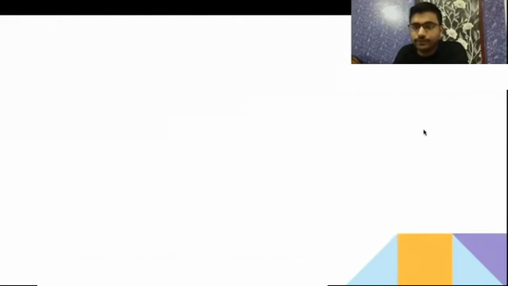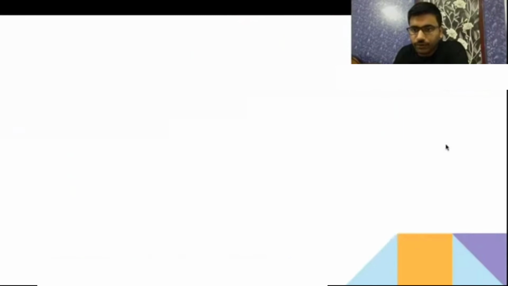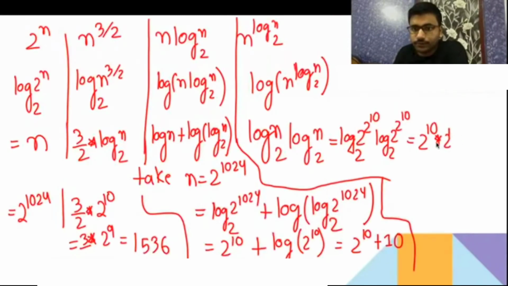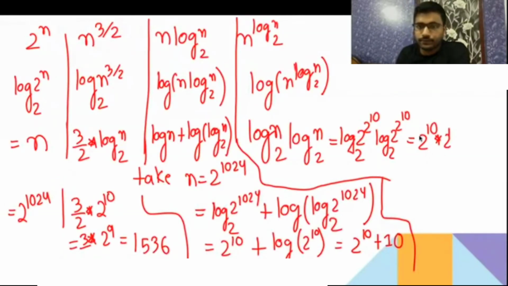Then 2 to the power 10 into 2 to the power 10, that is going to be 2 to the power 20.